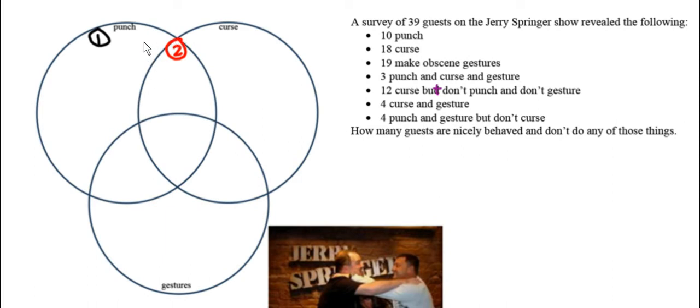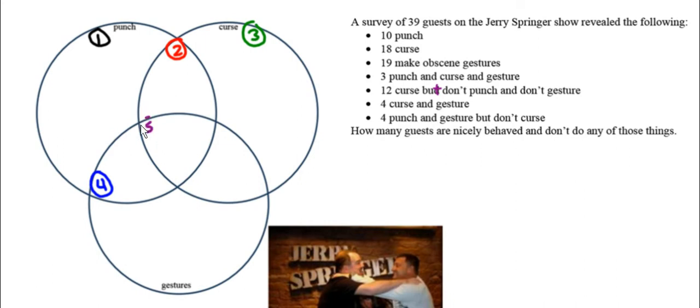These are people that punch and curse, but it doesn't go into gesture, so they don't gesture. Section 3 are people that curse only. Section 4 are people that punch and gesture but don't curse. So it's just this section right there.